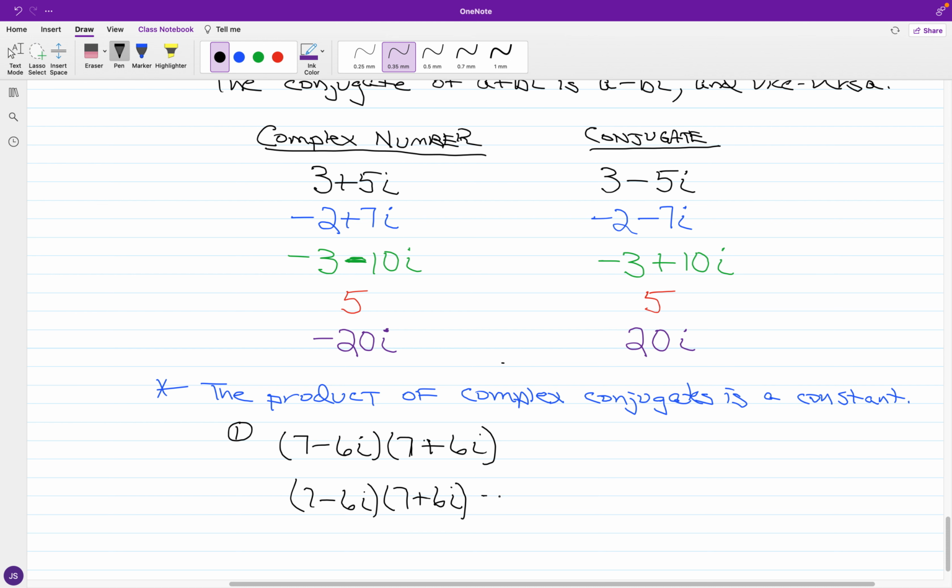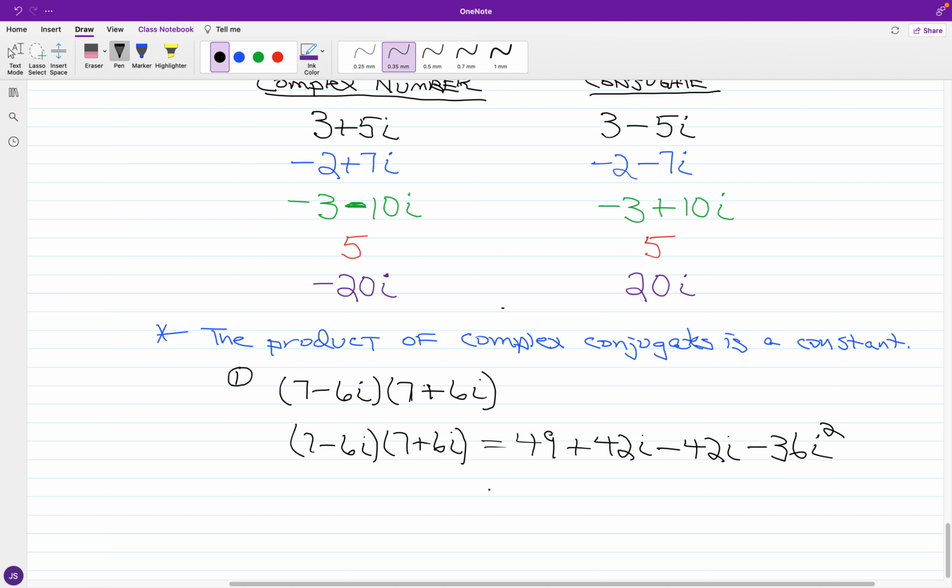And if I multiply together, okay, so I have 7 times 7 is 49. Outside products, we'll have 42i. Inside product, we'll have negative 42i. Last product, negative 6 times 6 is negative 36. And with the i's, we have negative 36i squared. Okay, so you've got 49, and notice 42i and negative 42i will cancel.